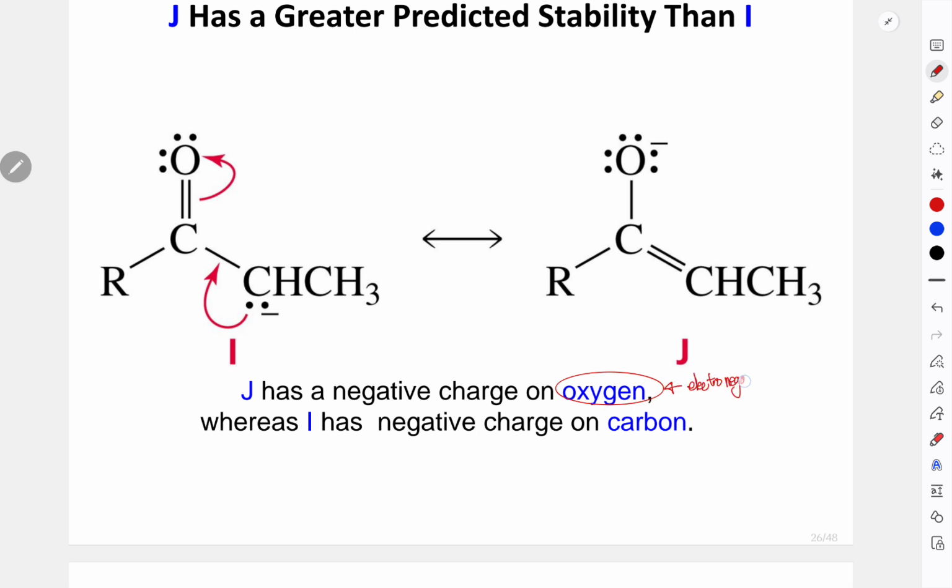If you compare I versus J, in I you have a negative charge on carbon, and in J you have a negative charge on oxygen. In this case the right-hand side is preferable, because the negative charge is on the more electronegative atom. Compared to carbon, oxygen is better able to accommodate a minus charge. That's why J has greater stability and greater contribution to the resonance hybrid than I.